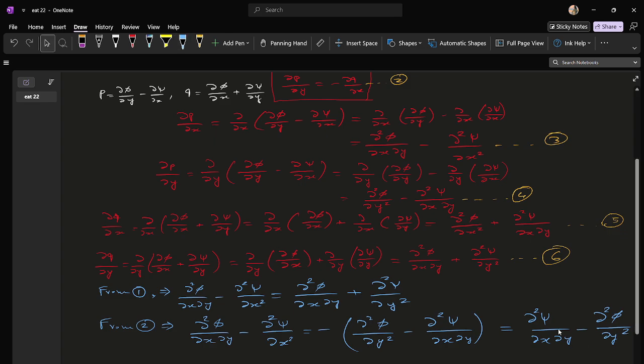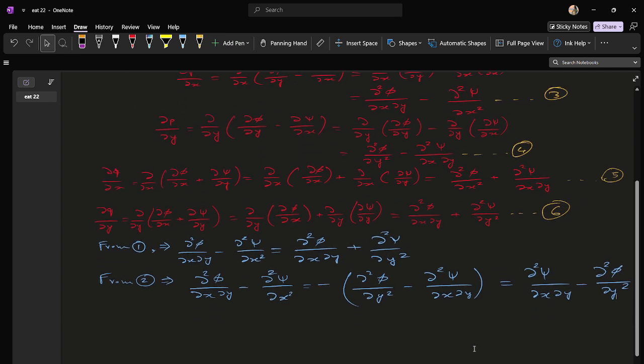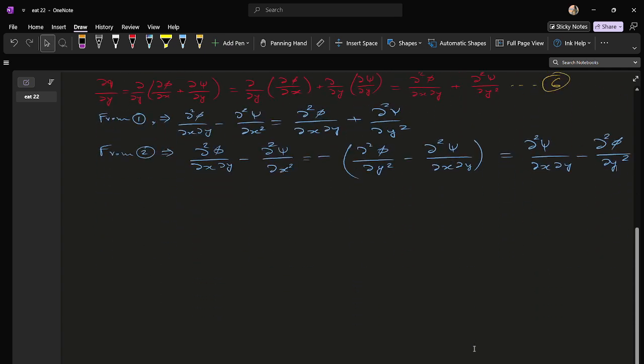Okay, let me write it first. Now what can be done? Thus the first Cauchy-Riemann equation holds here and the second Cauchy-Riemann equation holds here.